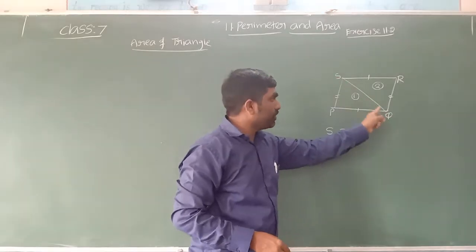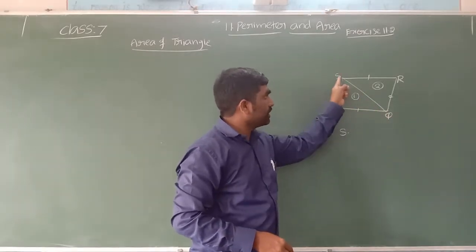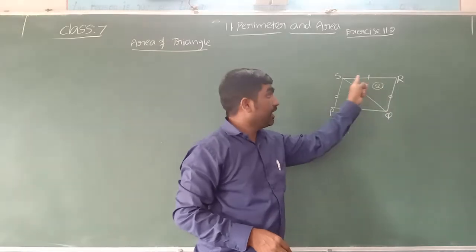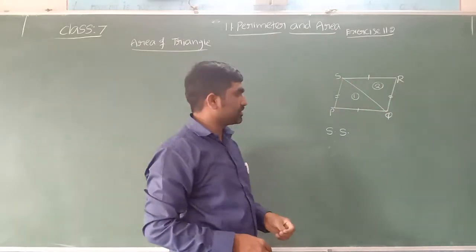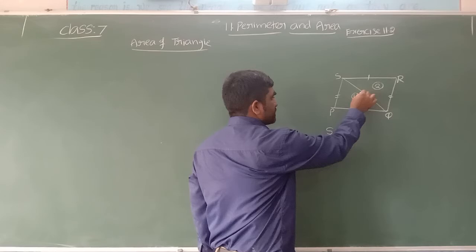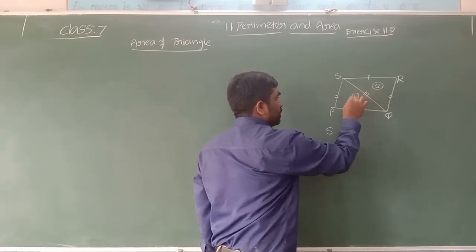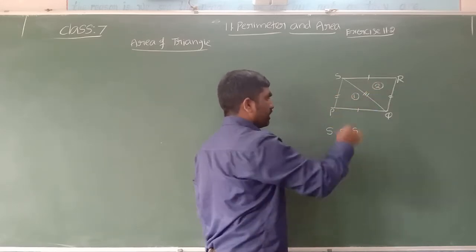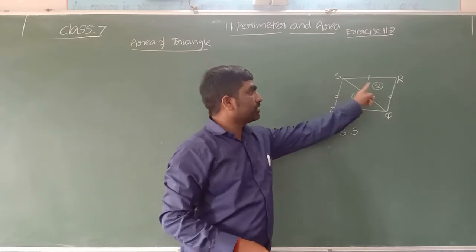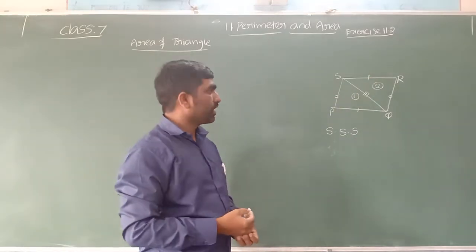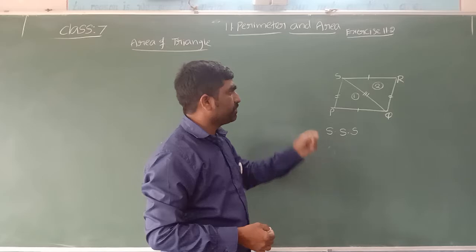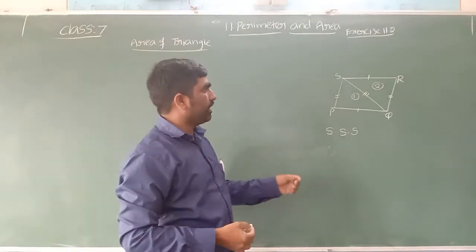SQ is the side in the first triangle and also in the second triangle. SQ is the common side. So by SSS we can say both are congruent. Triangle PQS is congruent to triangle RSQ.